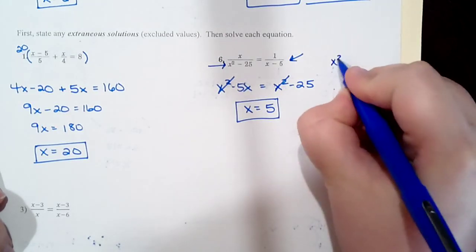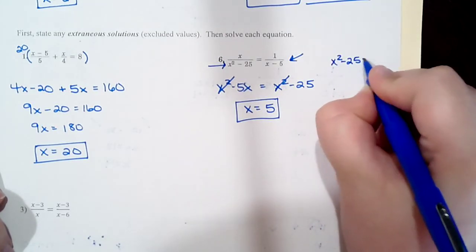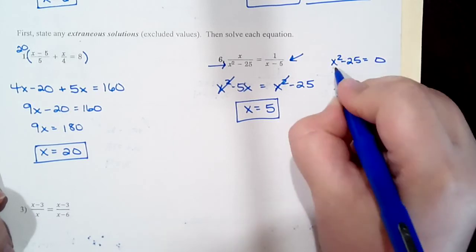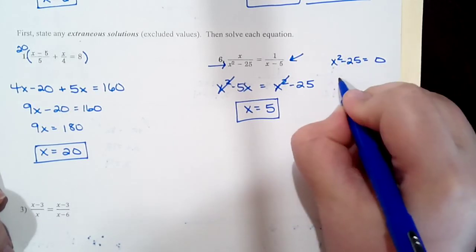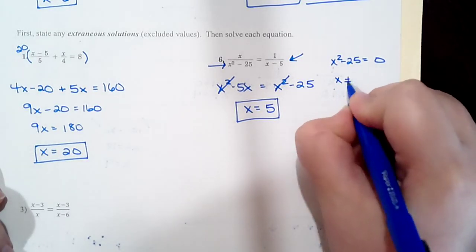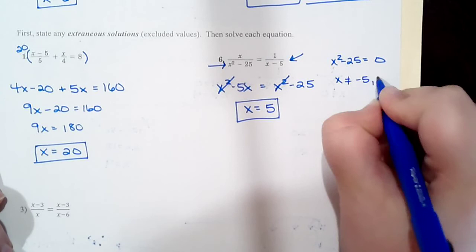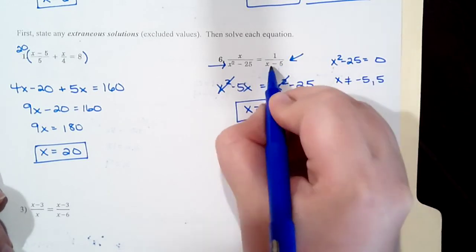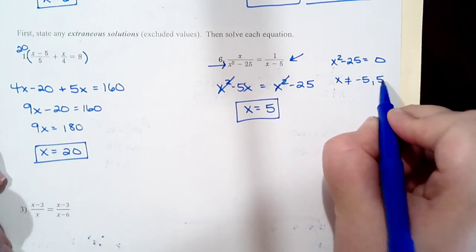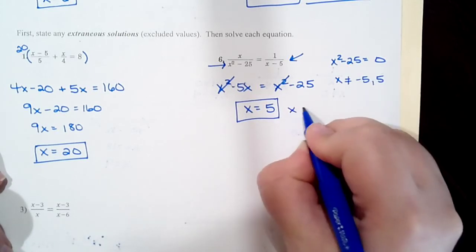Yes, there is. In fact, when I solve this one, when I move that 25 over and take the square root of both sides, I actually end up seeing that my extraneous solutions are negative 5 and 5. And then when I solve this one, 5 is already taken care of.